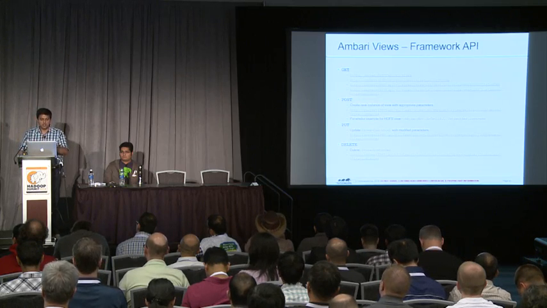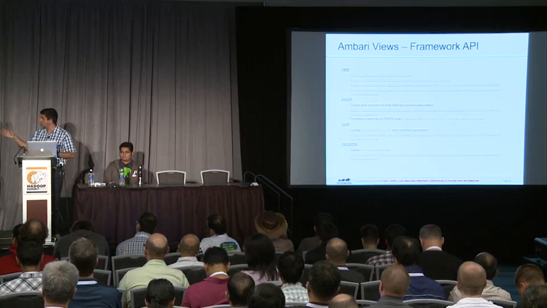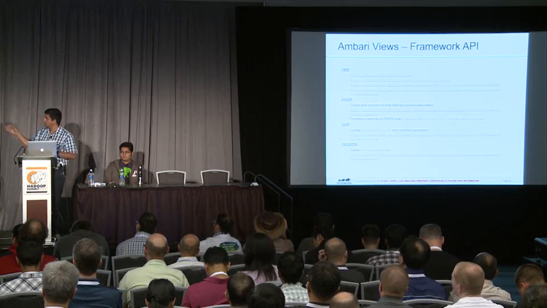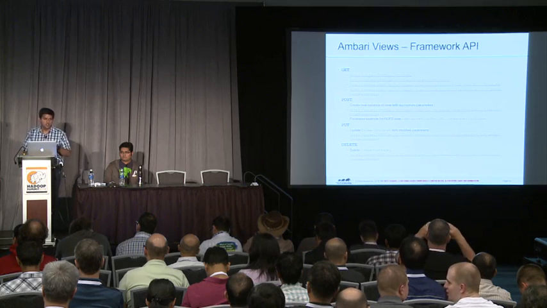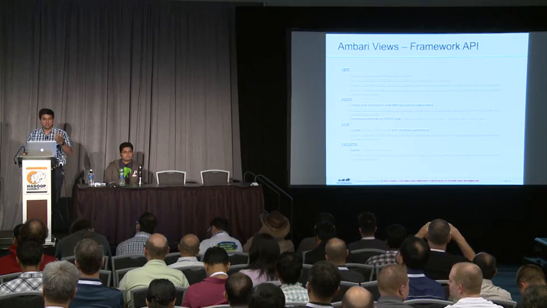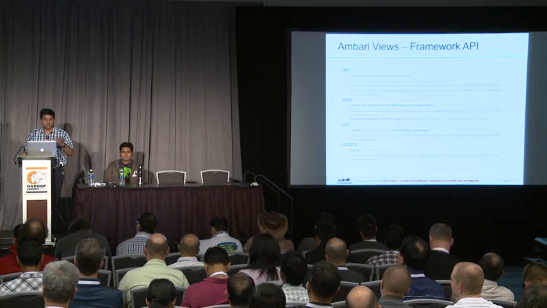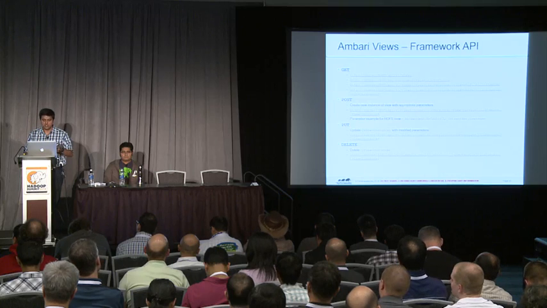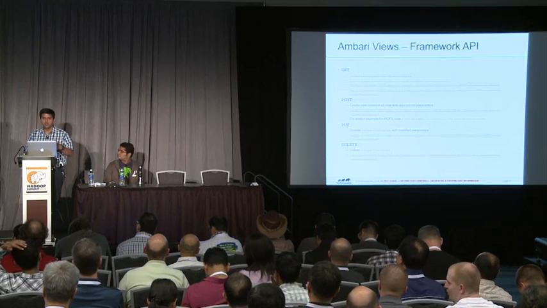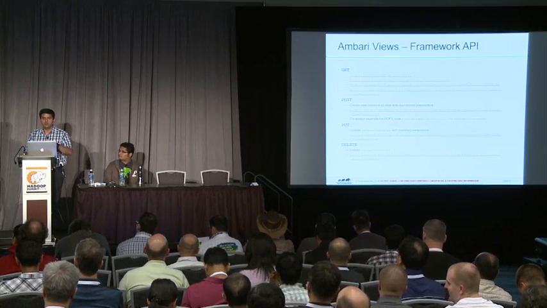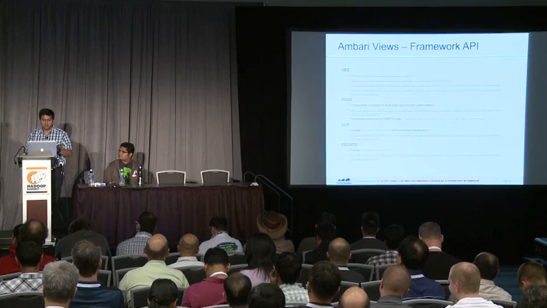You can call the post method over here and say, create me an instance of that view, and provide the parameters it needs to initialize. You'll automatically get the instance in the dropdown, and you can go to that view and see whatever it is that your service wants to see. Similarly, with put and delete, you can update the view or remove it entirely. So these are the main framework APIs where you can create your own views and see them.